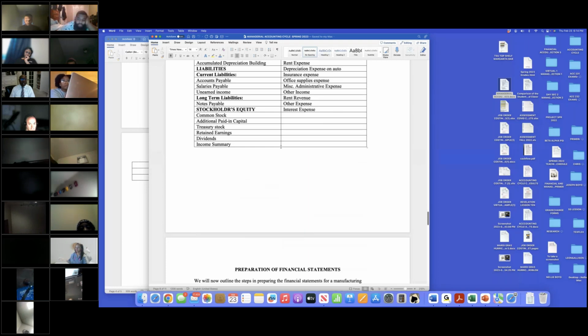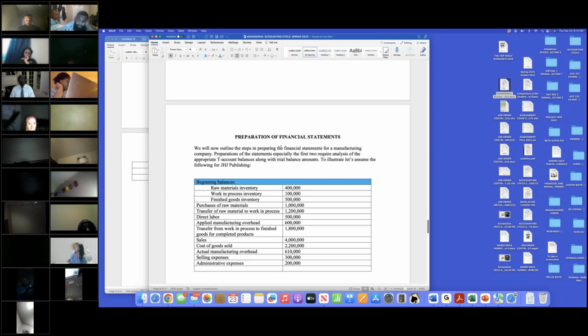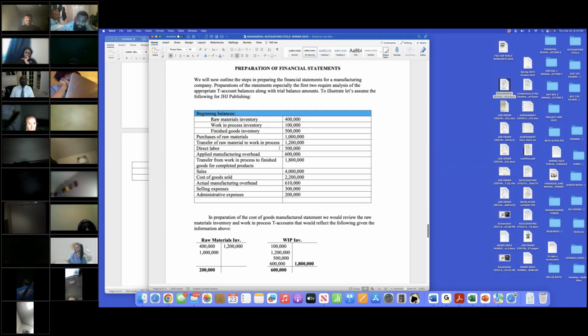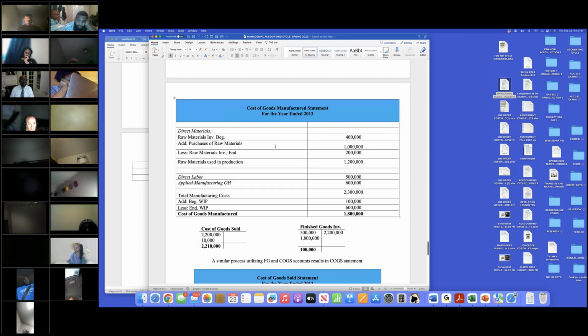And given that we have our accounts, you will need to learn how each team will be doing this, eventually, cost of goods manufactured. And you're going to notice a standard thing is raw materials, labor, and overhead.